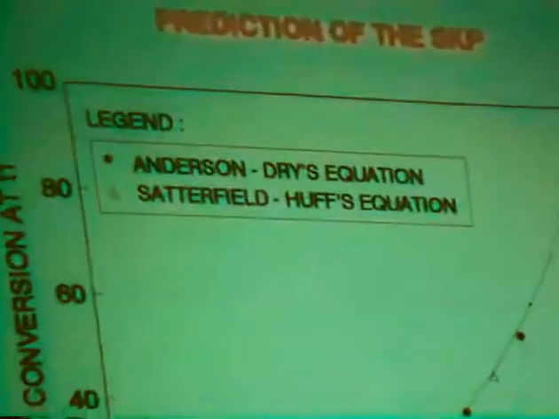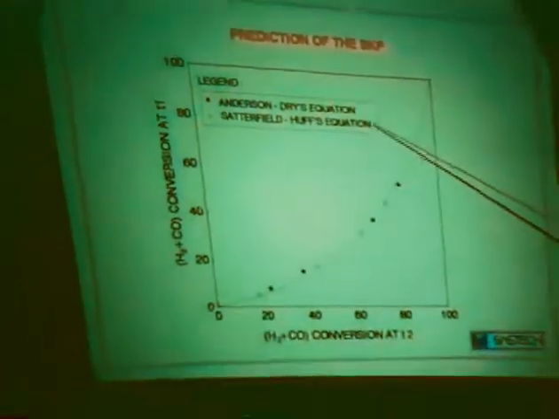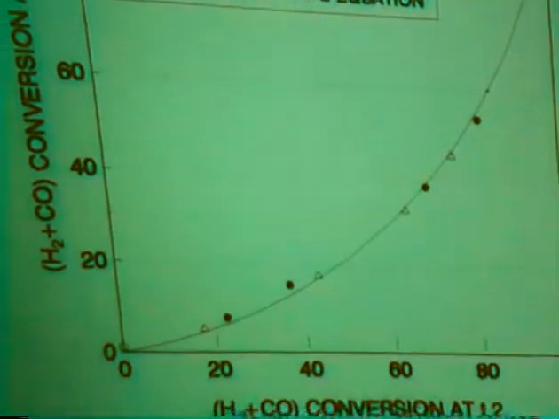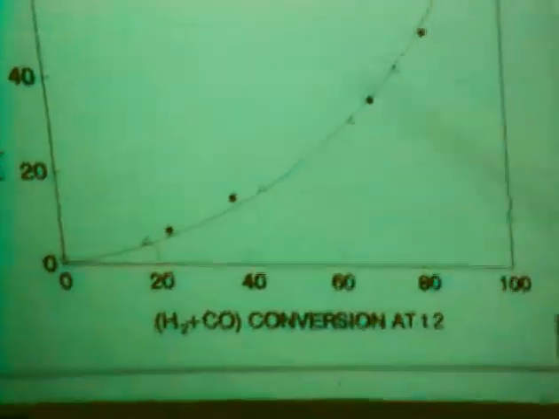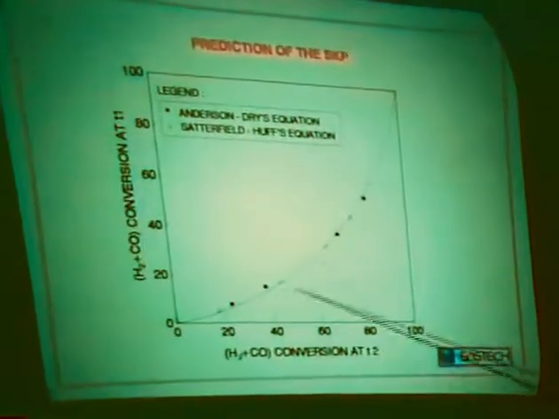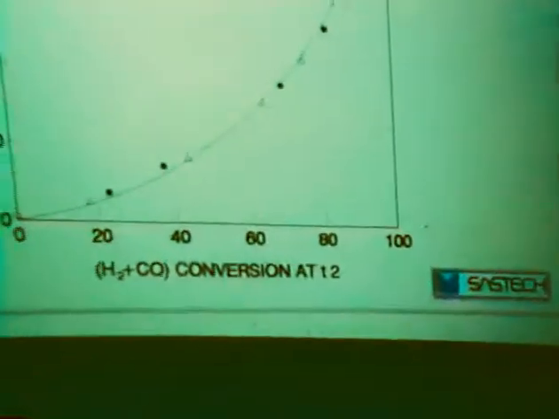So then, for instance, we use the singular kinetic paths. And what we see is that if you use the right constants, adjusted to experimental data for both equations, then both the Anderson-Dry and the Satterfield equations follow the same singular kinetic path.